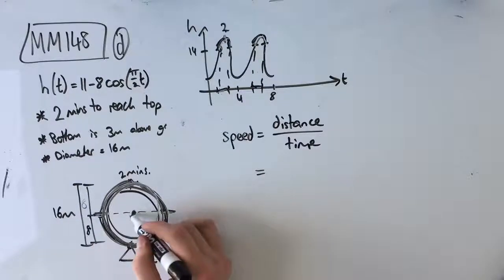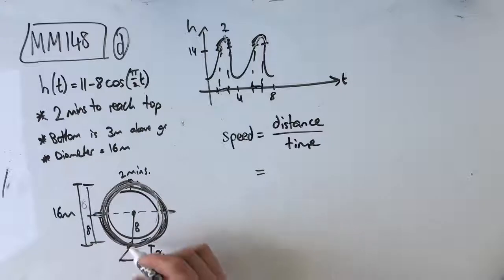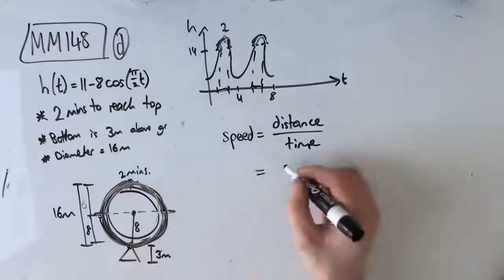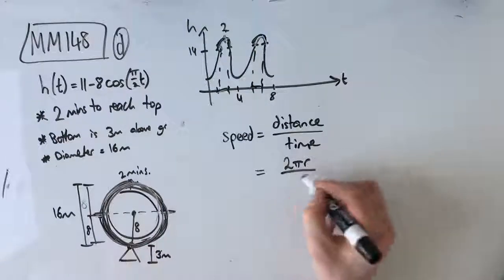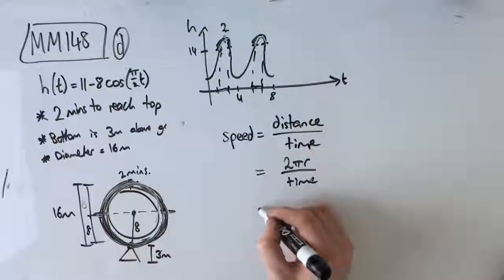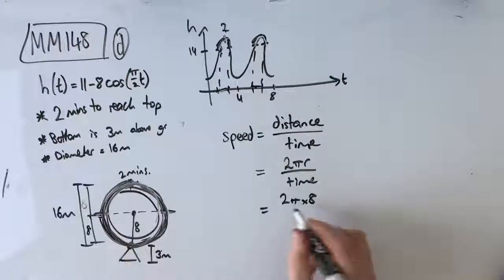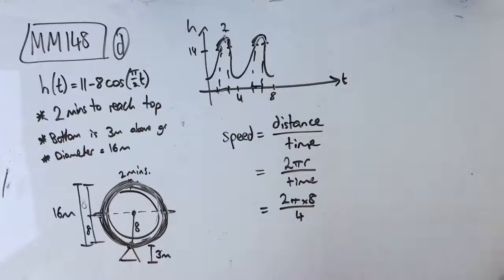So from here to here is 8 meters, right? To work out our distance is the same as the circumference of this wheel, or the circumference of a circle, which is equal to 2 pi r over the time. We know that the radius is 8 meters, so 2 pi times 8 over 4.